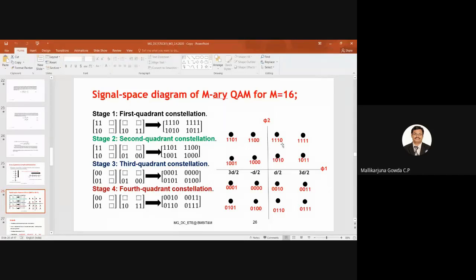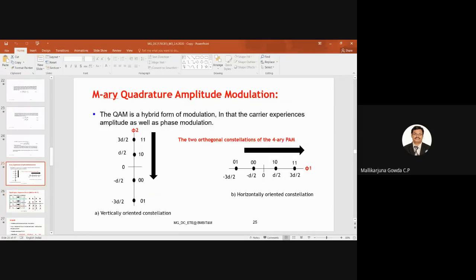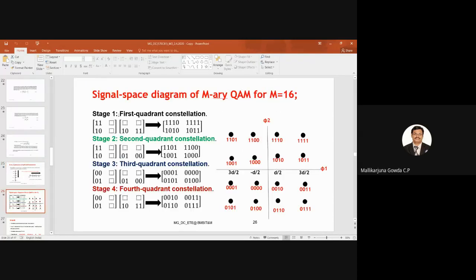So how do I get the first quadrant message points when the value of M is 16? How do I get this 1110, 1010, 1011? What is done here is this: 1110 is multiplied.